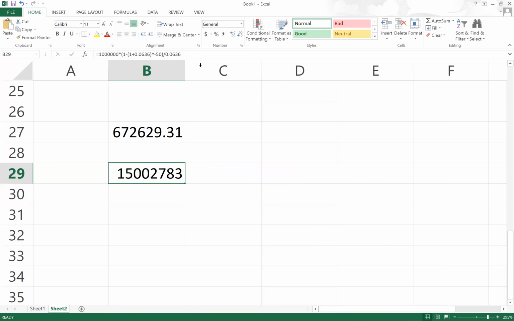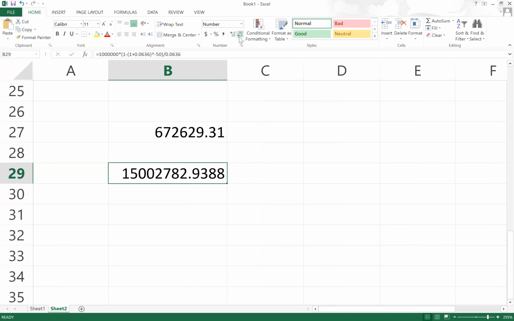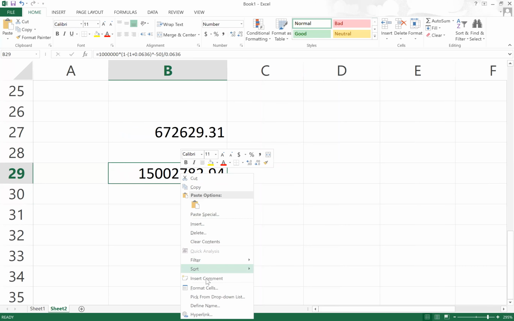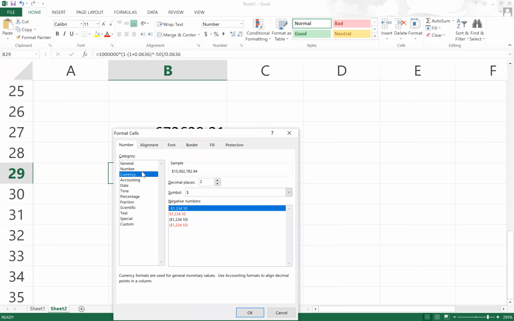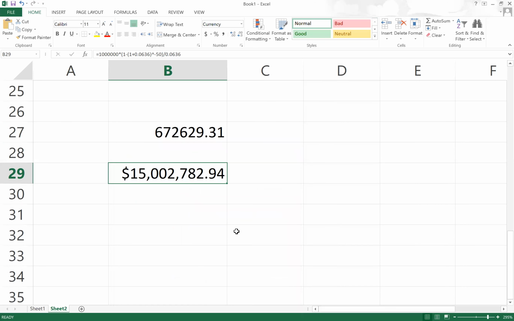So actually you end up with, okay, this is the total amount. Let's turn it into a proper form. It's 15 million and change, right? Currency. Okay, so it's 15 million, $2,782.94.